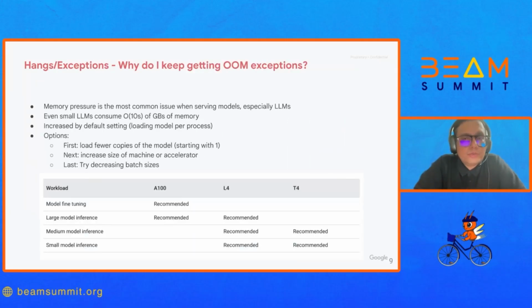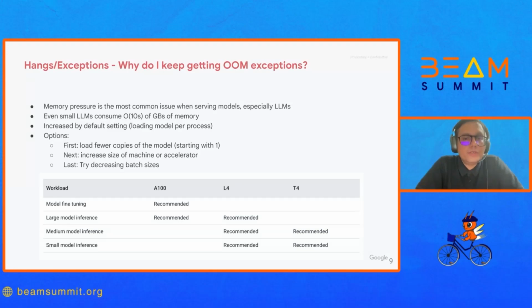Drilling down further into the OOMs, LLMs typically use a large amount of memory, even the smallest LLMs. The default mode of loading one model per process can result in a lot of OOMs. Increasing the machine type also increases the number of processes. Hence, try to load fewer copies of the model or share the model across the processes or increase the machine type or the accelerator type. The table below highlights the accelerator types recommended for the typical suggested workloads.